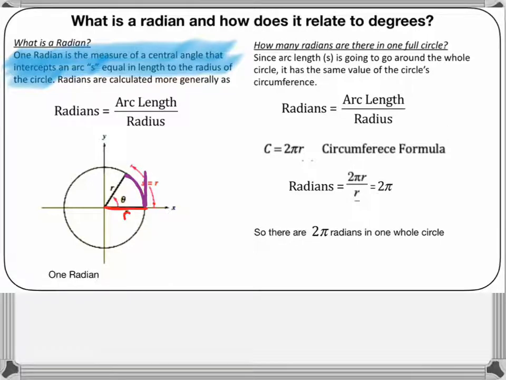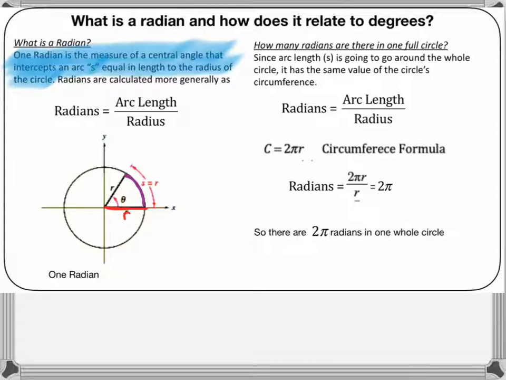So it is when the arc length, the crust of the pizza, is equal to the radius of the actual pizza, from the center to the crust. Seems a little bit difficult, but we're going to break this down the best that we can in the next videos and lessons, so we're getting good at it.